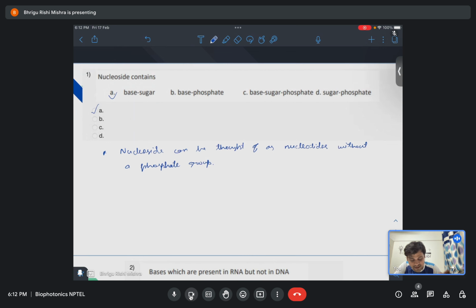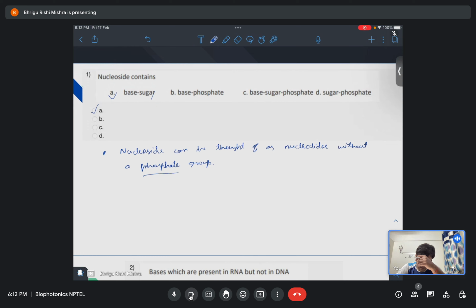So clearly it doesn't have phosphate. Of the four options, only the first option doesn't have phosphate. The other three options, base phosphate and base sugar phosphate, have the phosphate group. So the answer is base sugar.